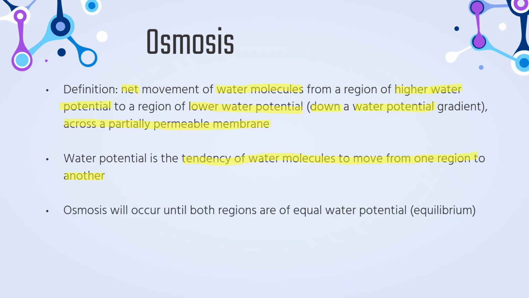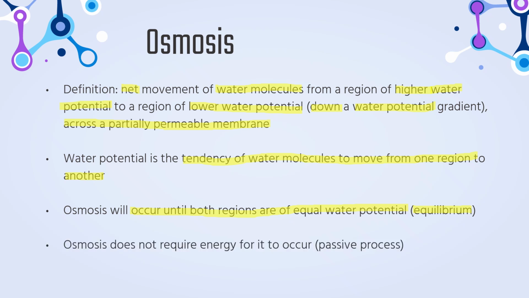Now osmosis, just like diffusion, will continue to occur until both regions are of equal water potential, and we use the word equilibrium to describe the two regions. They are the same. Osmosis does not require energy, just like diffusion, so it is considered a passive process.